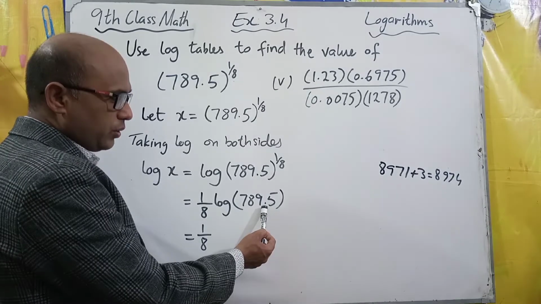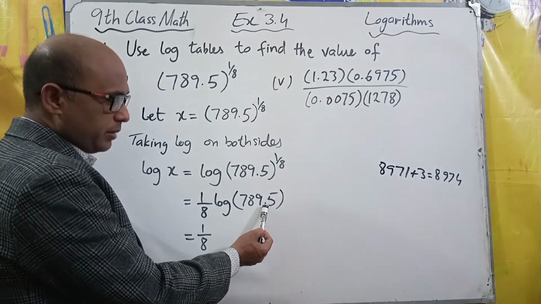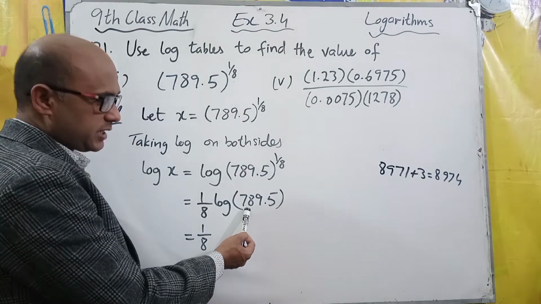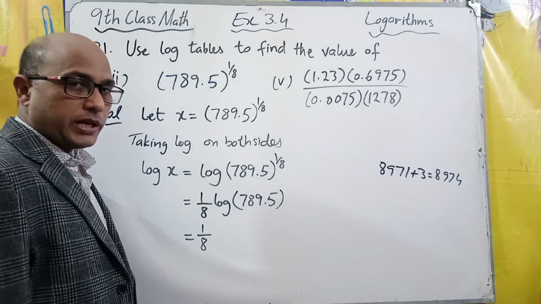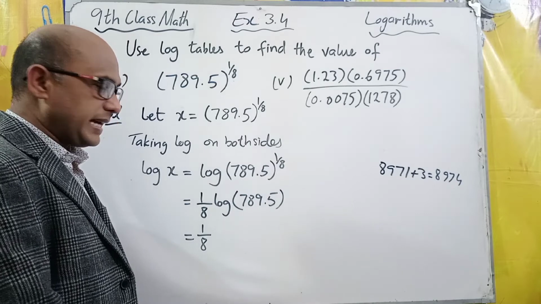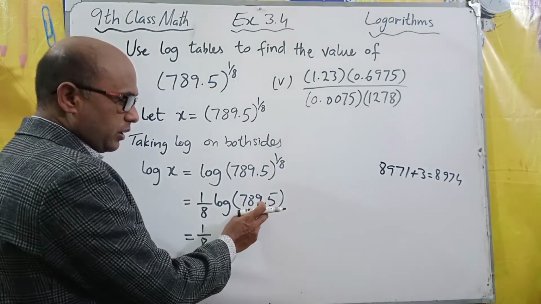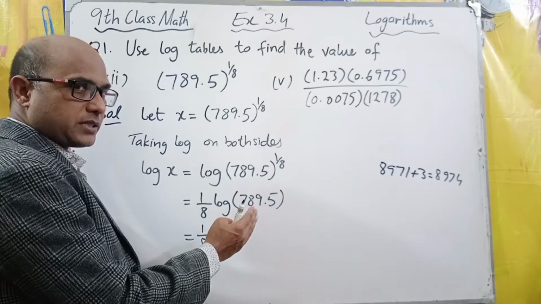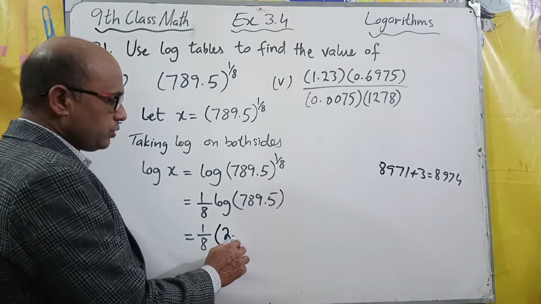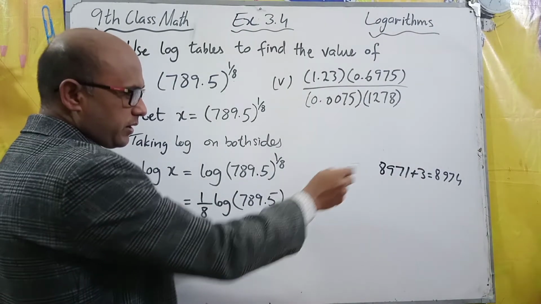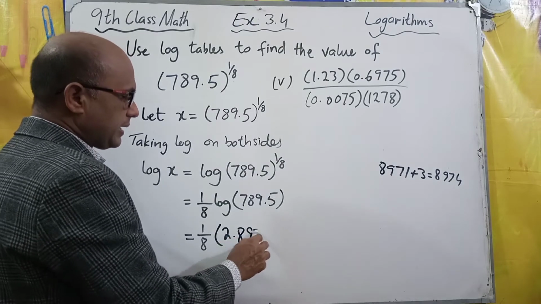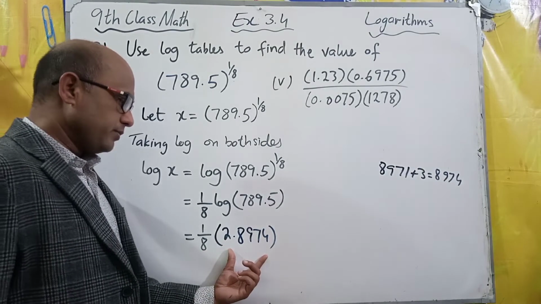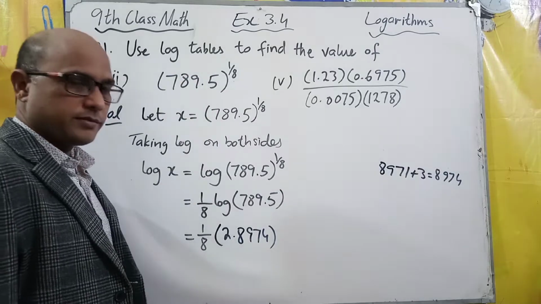You have to look at the decimal. How many numbers are written before this decimal? 1, 2, 3. There are 3 numbers which are written before decimal. So if the number of digits are 3, we'll write 2, less by 1. So 2, point, after it we will write that number 8974. So this is the logarithm by using log tables.